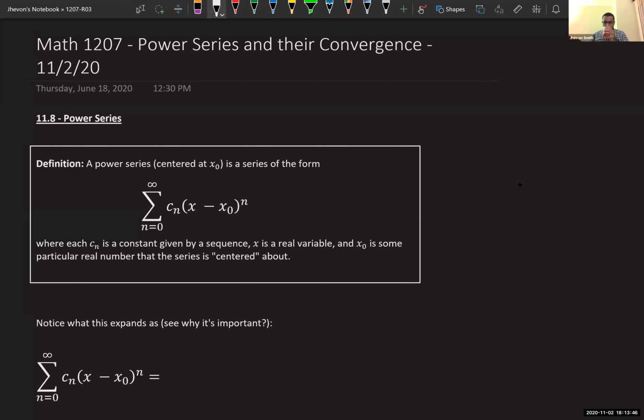You can take a screenshot of it. The power series is defined in terms of being a certain form, kind of like how a geometric series is defined in terms of being a certain form. Okay, so a power series is any series of this particular form: sum from n equals 0 to infinity of c_n times (x minus x_0) to the n.